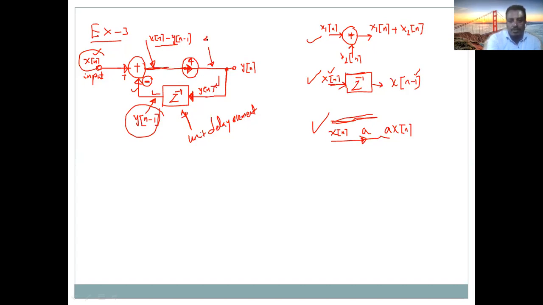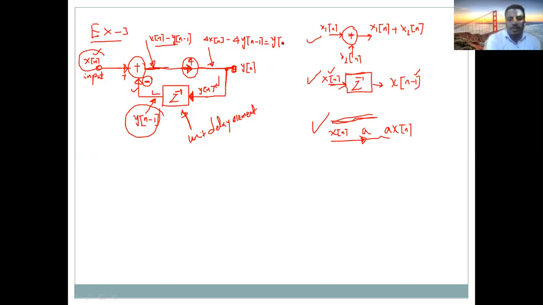So 4 times x of n minus, again this is also multiplied by 4, 4 times y of n minus 1. Then this signal, the output of the multiplier, goes to the output here. So that is equal to y of n.